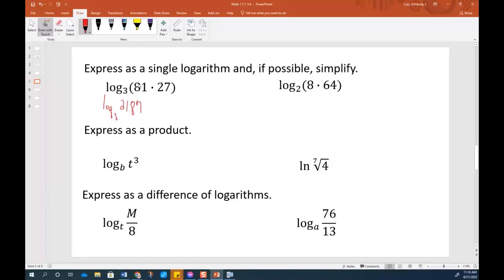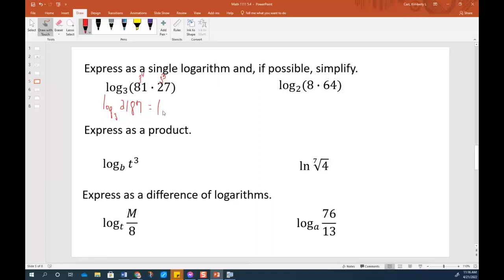But I'm going to actually use a cheat here. I know that 81 is 9 times 9. 9 is 3 squared, so that makes this one 3 to the 4th. This one I also know is 9 times 3, so that's going to make that 3 to the 3rd.